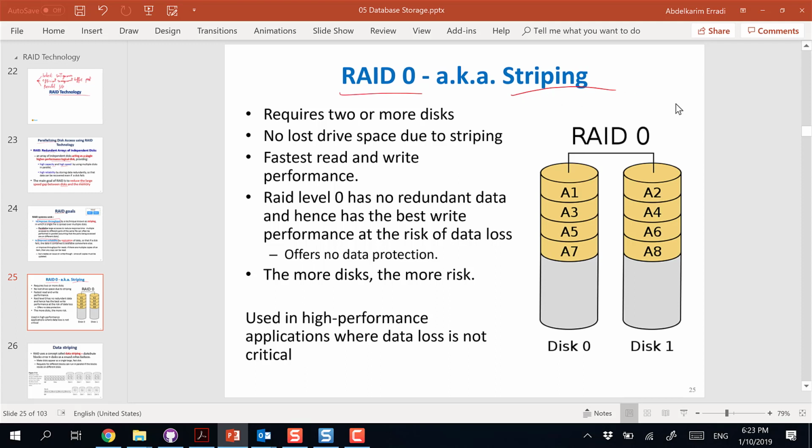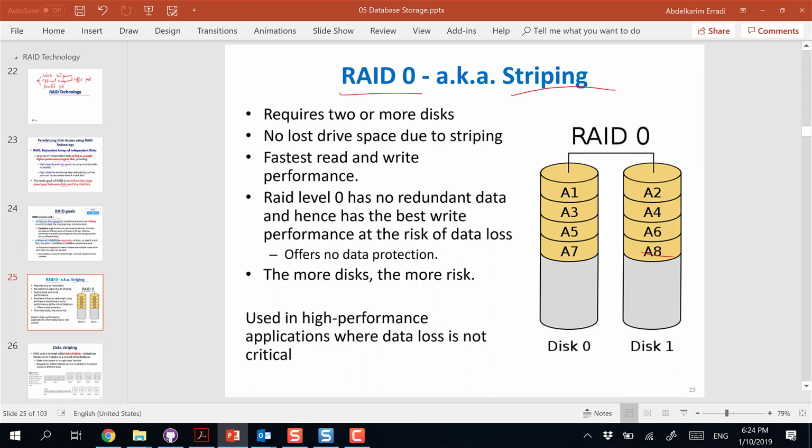And what we're doing here is that if I have these blocks A1 to A8 to write, I write block 1 in disk 1, block 2 in disk 2, block 3 in disk 1, block 4 in disk 2, and so on. Okay?